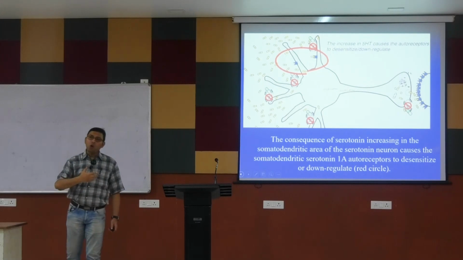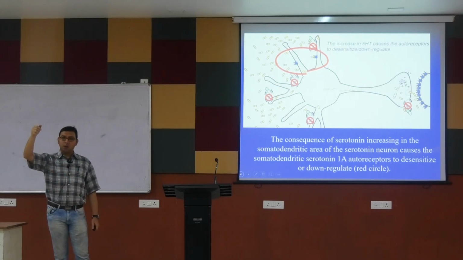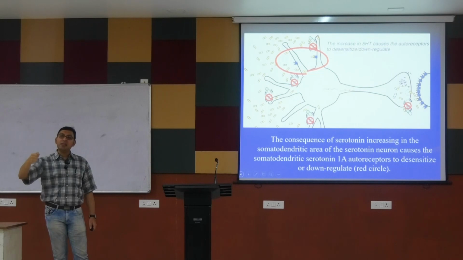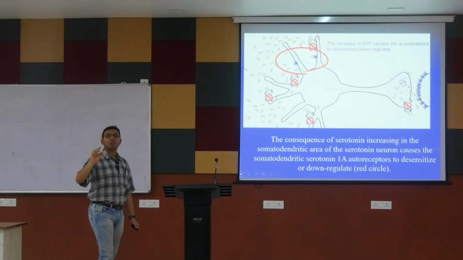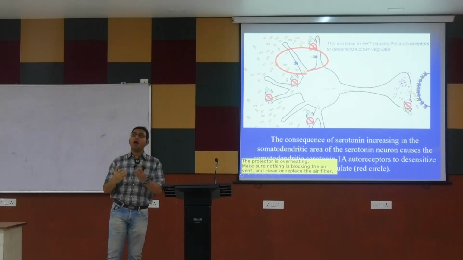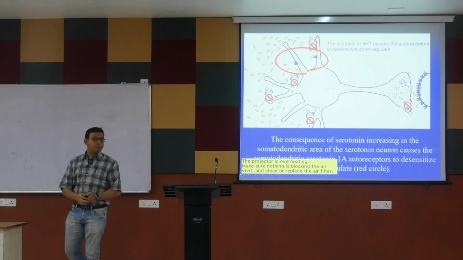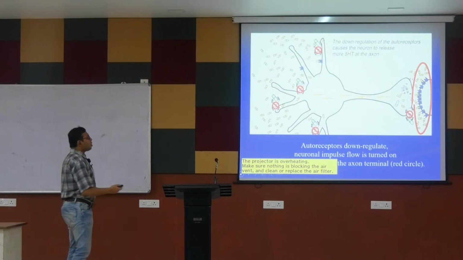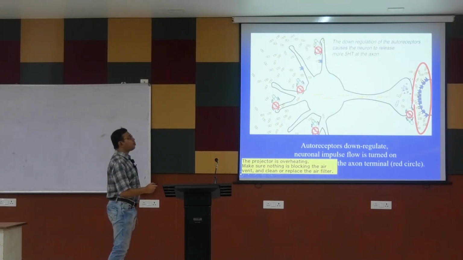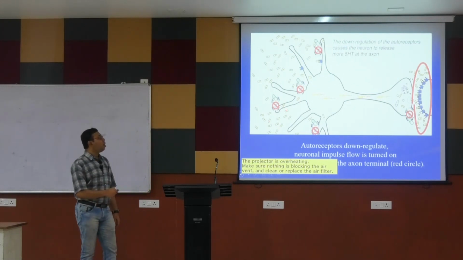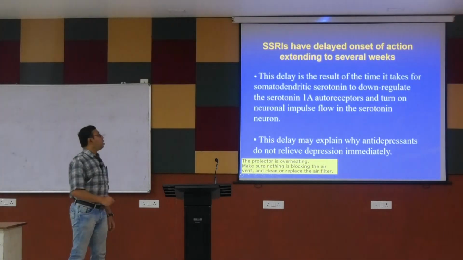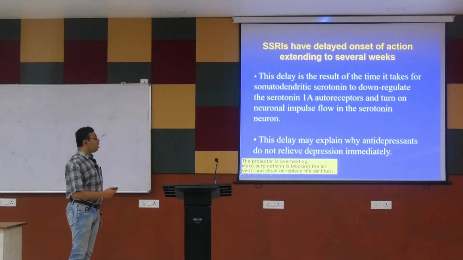If it is given for a long period of time, the receptors are desensitized or down-regulated, that is, fewer of these receptors are expressed. That's why there is more availability of this neurotransmitter in the synaptic cleft. The same thing, the down-regulation of the autoreceptor causes the neurons to release more 5-hydroxytryptamine. They have a delayed onset of action, as we have already seen.